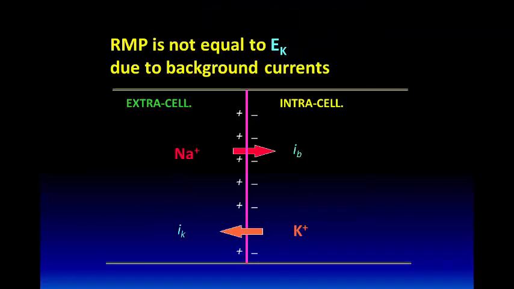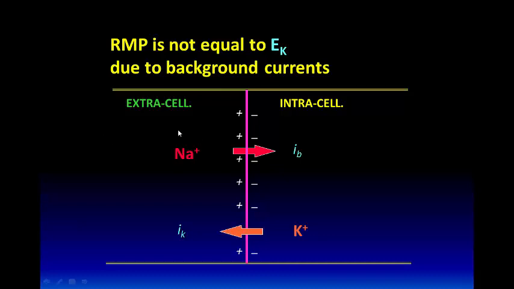However, the resting membrane potential is not exactly equal to the equilibrium potential for potassium, and this is due to background currents. What is the meaning of these background currents? In the resting state, the membrane is not absolutely impermeable to sodium. Still, the membrane allows a small inward current of sodium ions.